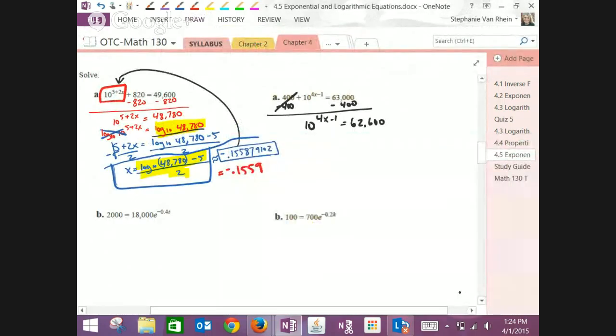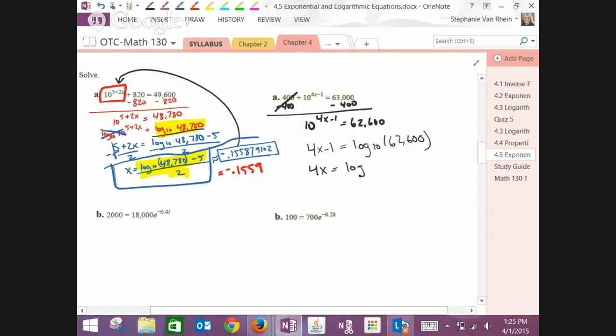So how would I get that 10 by itself? Log base 10, right? So hopefully at this point I could write this and you guys would be comfortable with it. You guys see that?